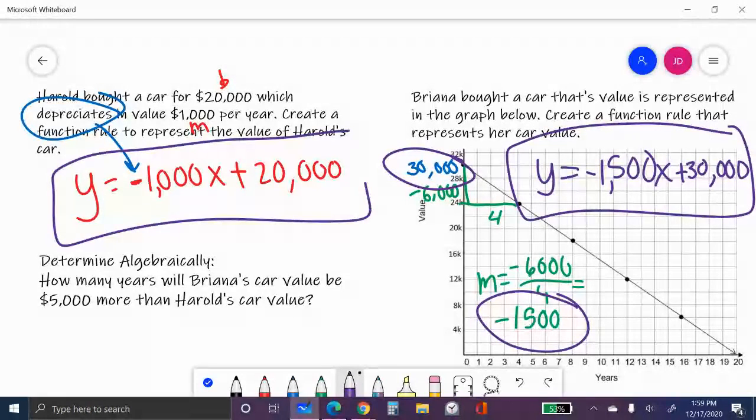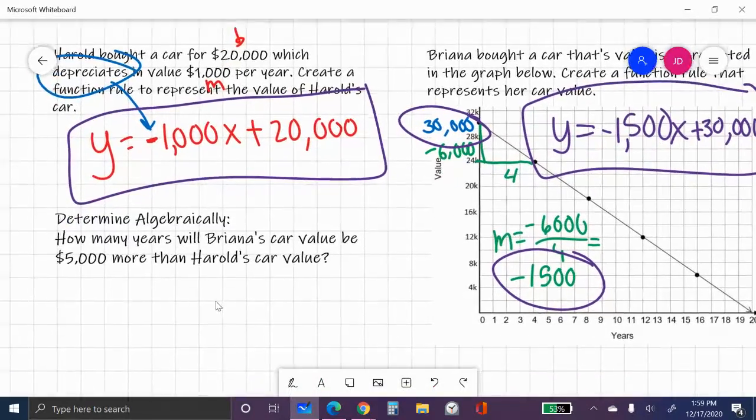Here is my function for Harold. All right, let's answer our question. How many years will Brianna's car value be 5,000 more than Harold's car value? Now, like the last one, we don't want to know when they're the same. We want to know when Brianna's car value will be 5,000 more than Harold's.